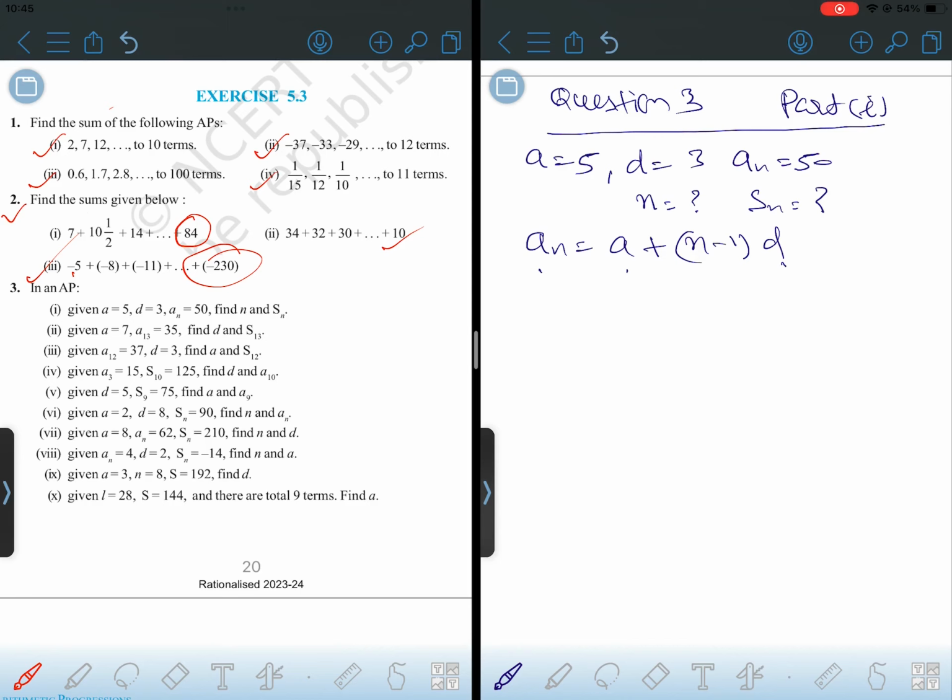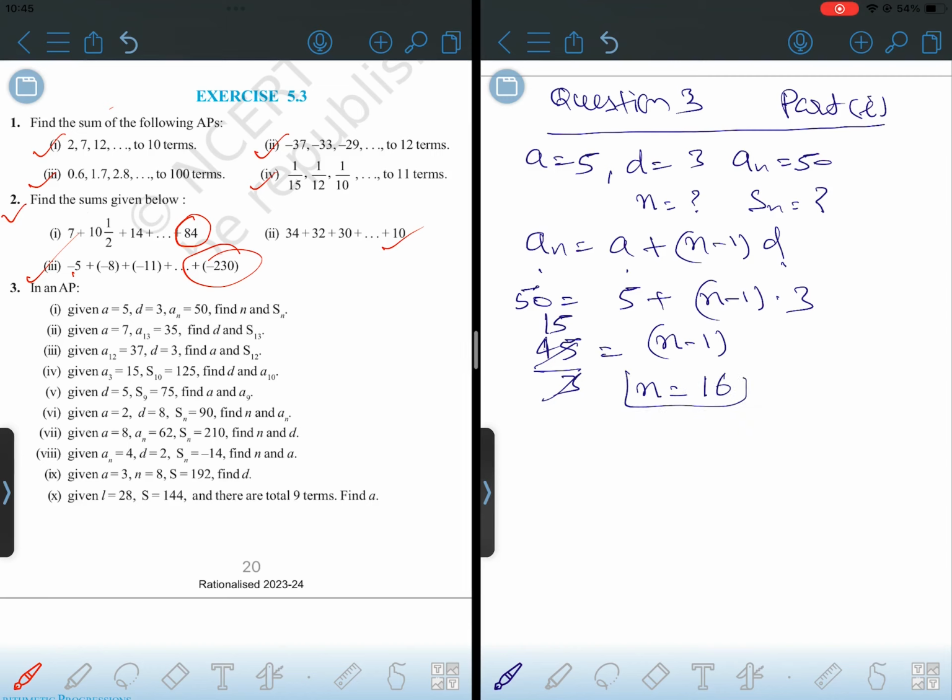So An is 50, which is equal to a is 5, plus n minus 1 into d, which is given as 3. If you solve this, it is 45 is equal to n minus 1 into 3, because this 3 comes in the numerator. Once you solve this, n is equal to 16.